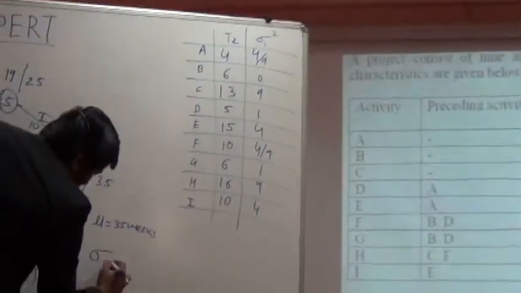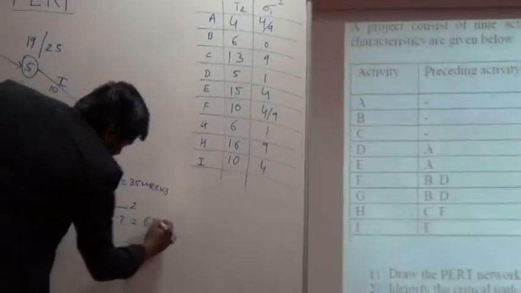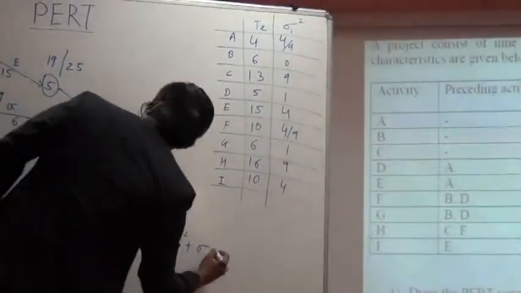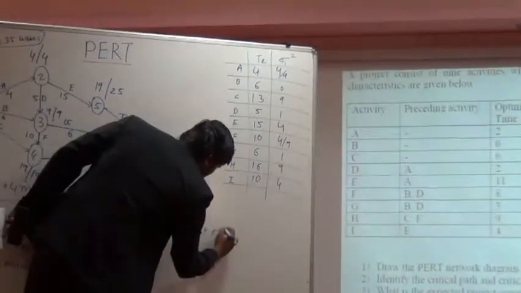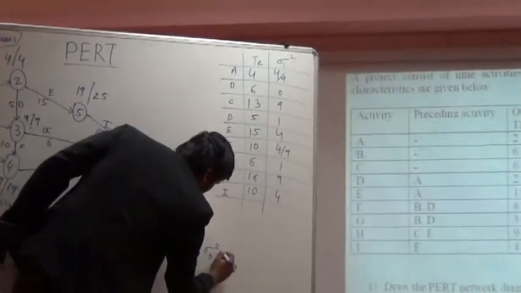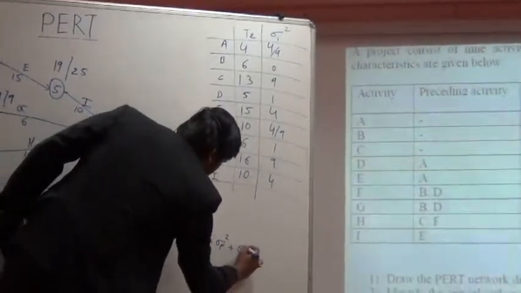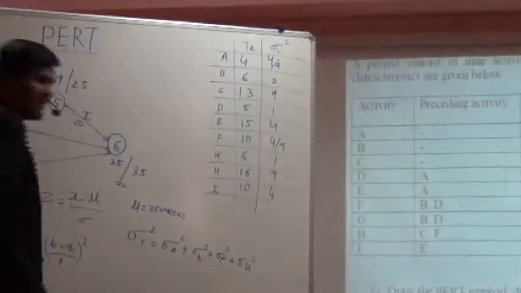So the total variance will be the summation of sigma A square plus sigma D square, next sigma F square, and lastly sigma H square.